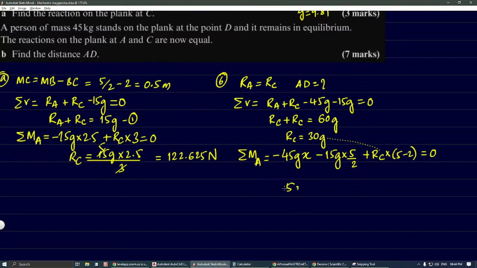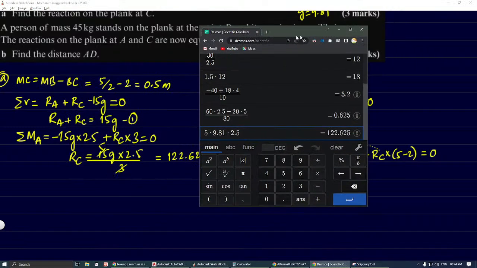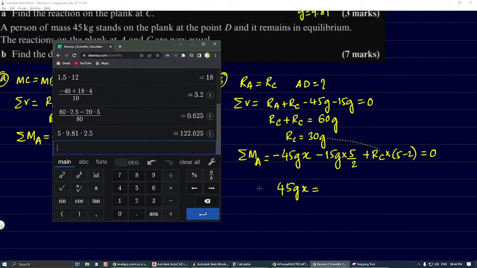So 45gX equals total. Let's calculate this. So 15 into 9.81 into 2.5, this is minus, then plus RC. RC is 30 into 9.81 into 5 minus 2, which is 3.